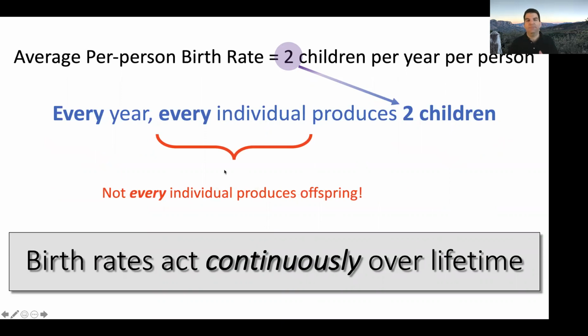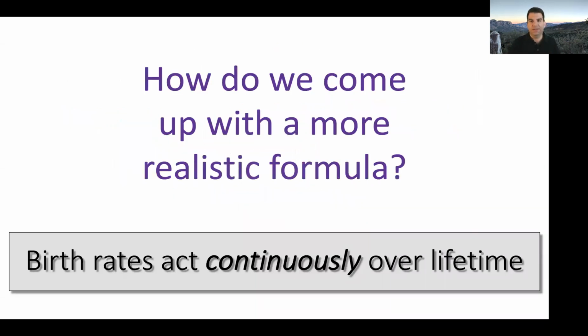So even though on average every offspring-producing individual might have an average of 2 children, if I'm normalizing by the whole population, it might actually need to be even lower than 2 children per lifetime. All of those things need to go in and out of my mental model as I'm trying to think of what the right formula for this should be.